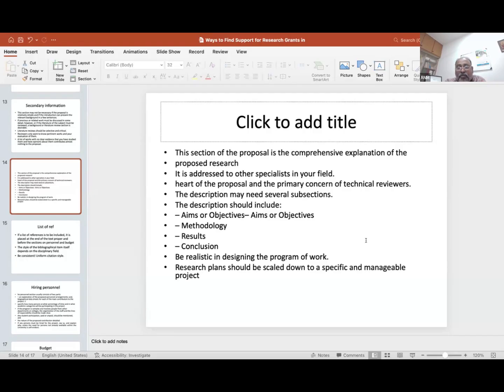In whatever proposal you do, there have to be certain references from the so-called experts in that area, which give a justification that these people have done this, but they have left it here, and from there on I am taking over.